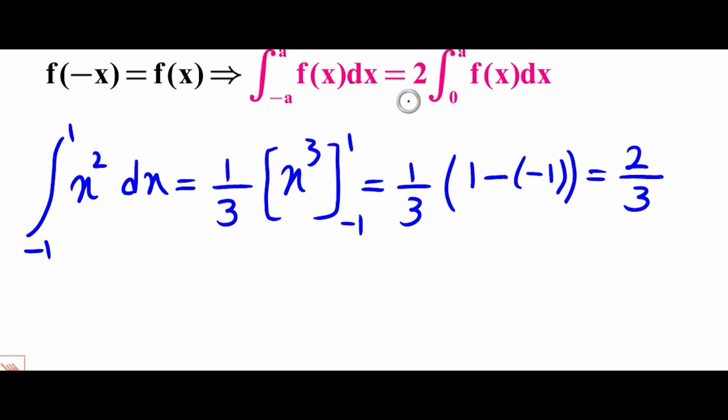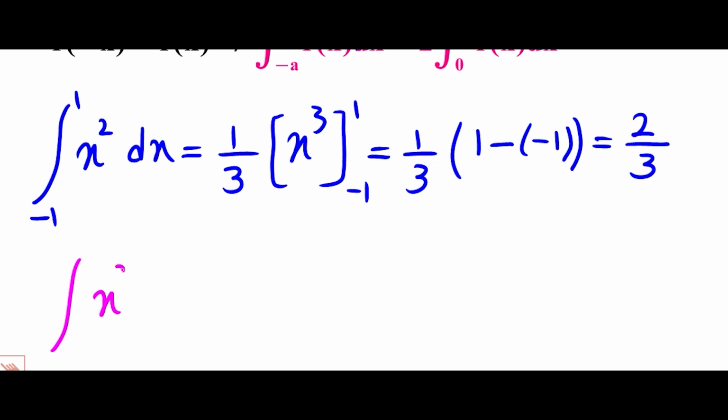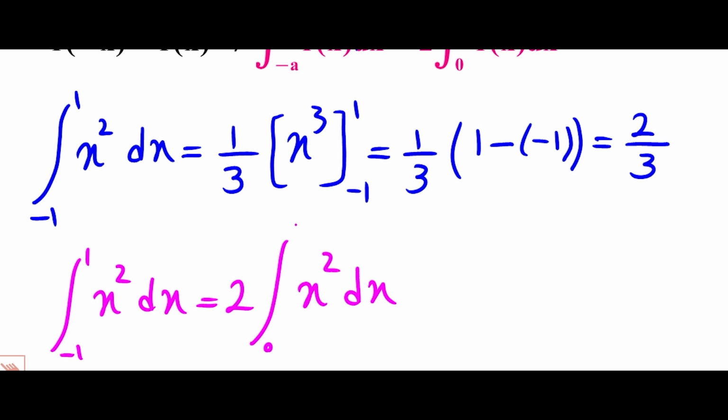Or according to these properties, we have the integral of x squared dx from negative 1 to 1 equals 2 times the integral of x squared dx from 0 to 1, right? 2 times the integral of x squared, which is 1 over 3 x cubed, from 0 to 1.